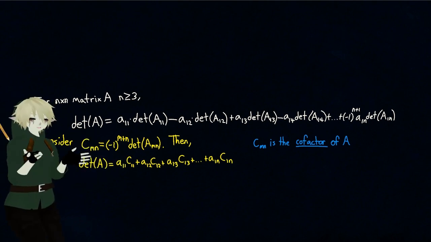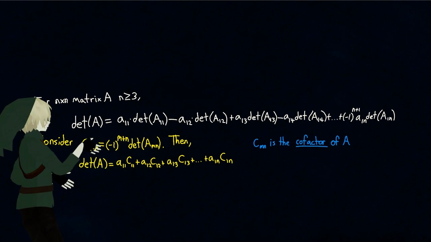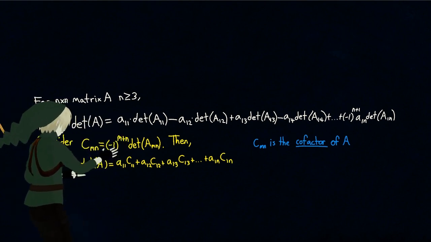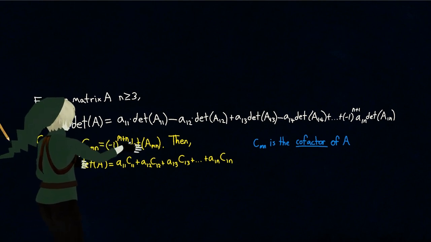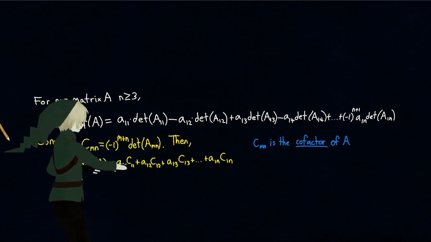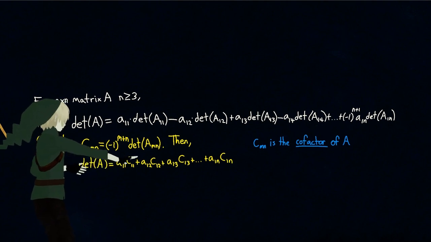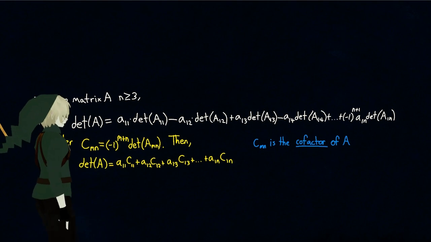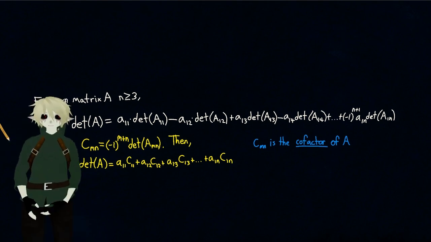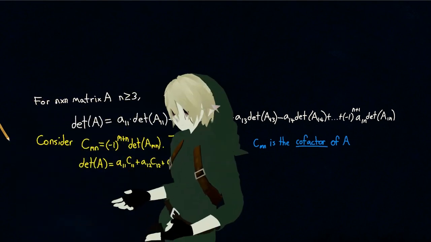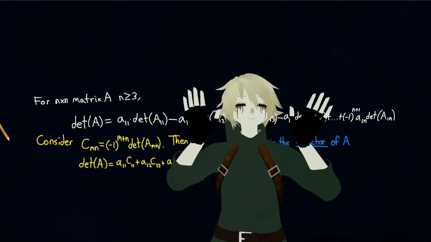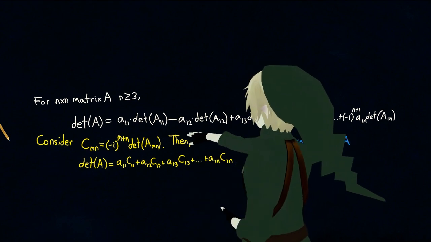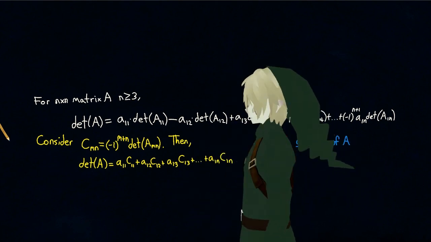To prevent us from having carpal tunnel, instead of computing our code like this, we can consider a cofactor variable here, and then just plug in, and this is how we compute the determinant, so that it's a lot cleaner and nicer. This is how we compute gigantic square matrices, computing big matrices using cofactors.